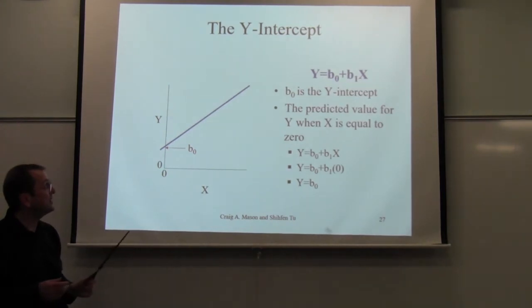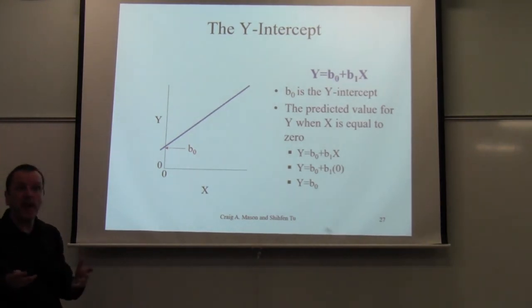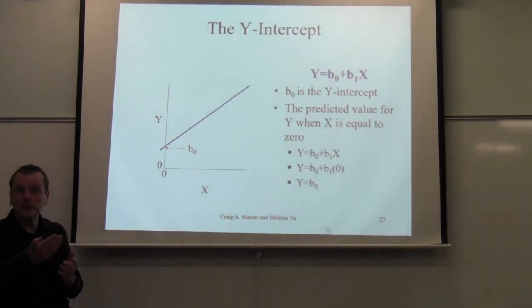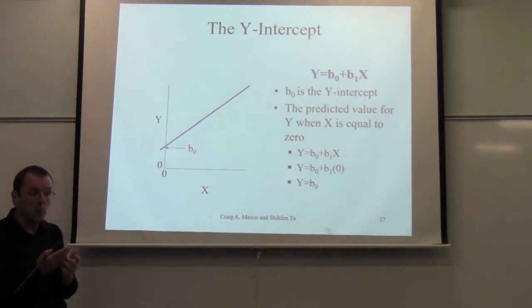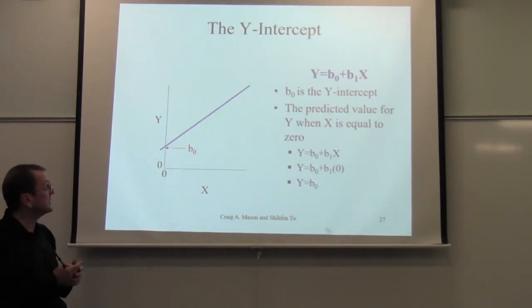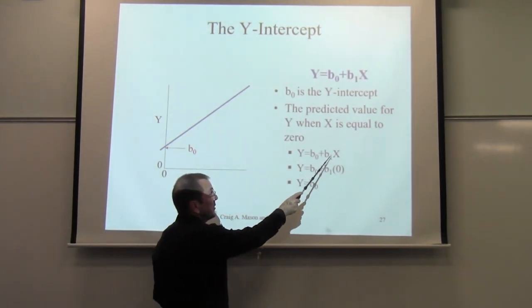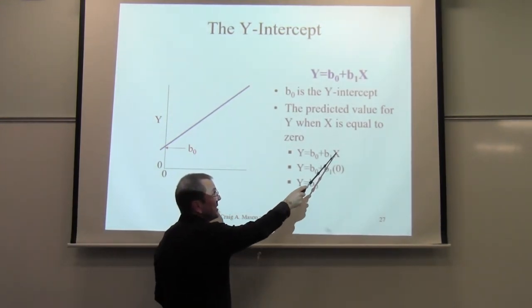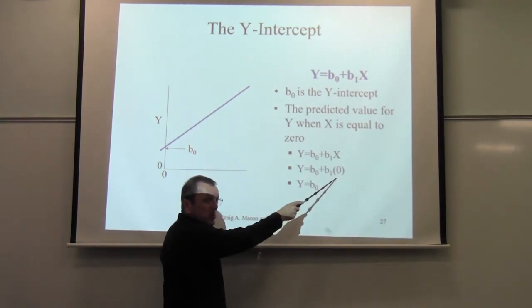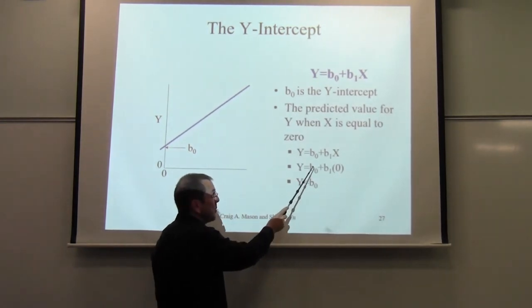By y-intercept, we just mean it's the predicted value of y when x is equal to 0. That's kind of obvious, because if x is 0, b1 times 0 drops out, and your predicted y is b0.